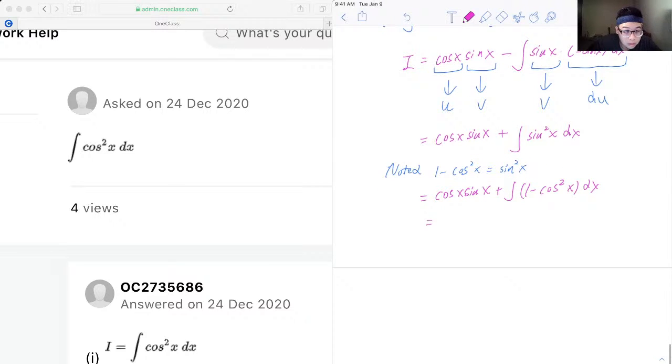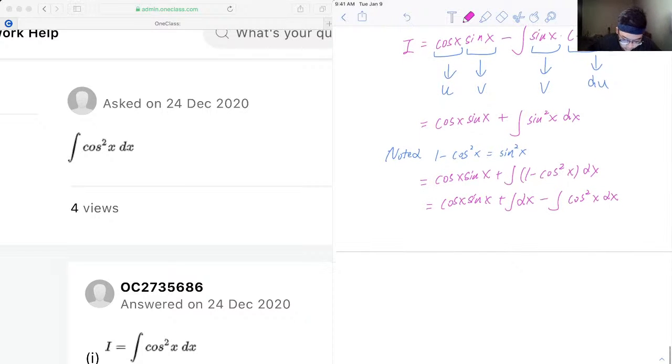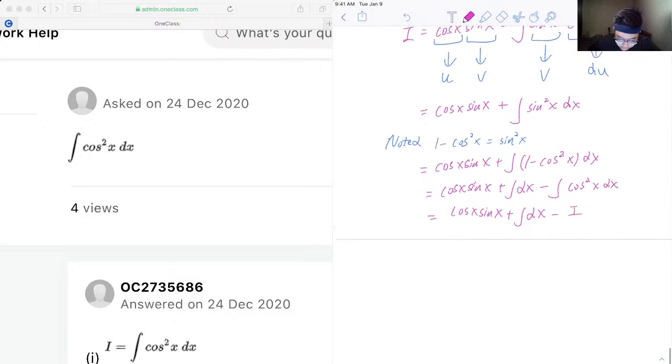And that will be equal to cosine x sine x plus the integral of dx minus the integral of cosine squared x dx, and that will be equal to cosine x sine x plus the integral of dx minus I. So we move I to our left hand side.